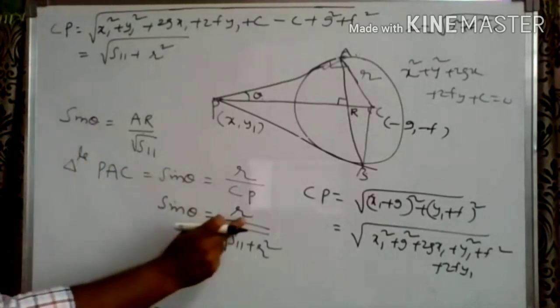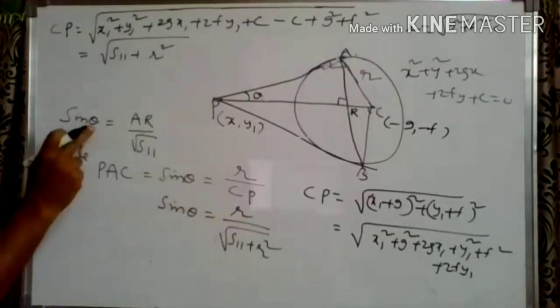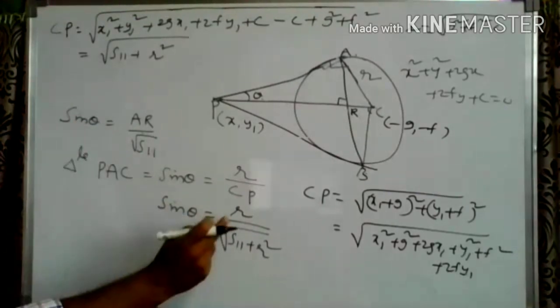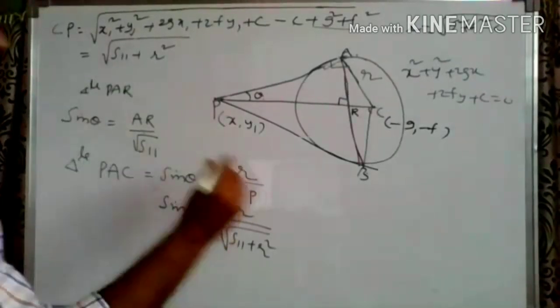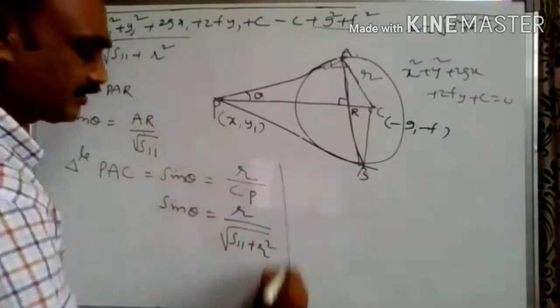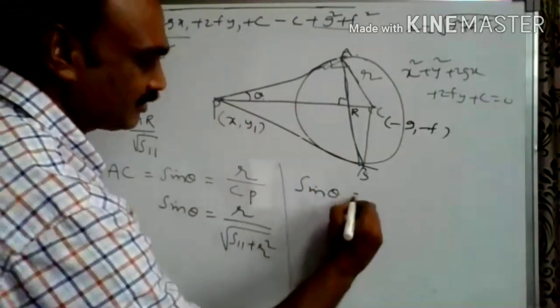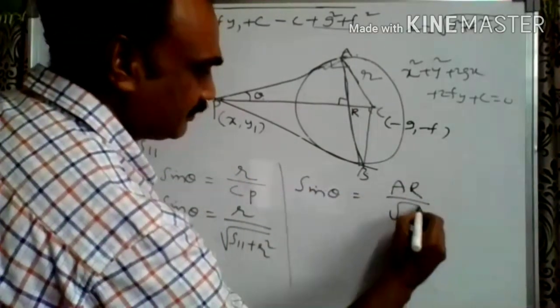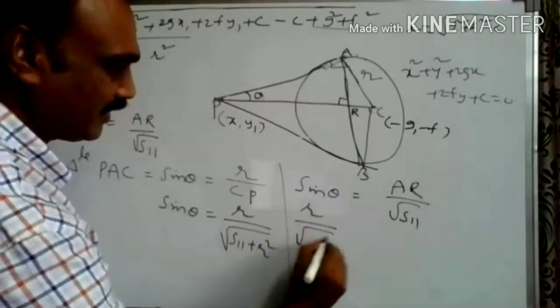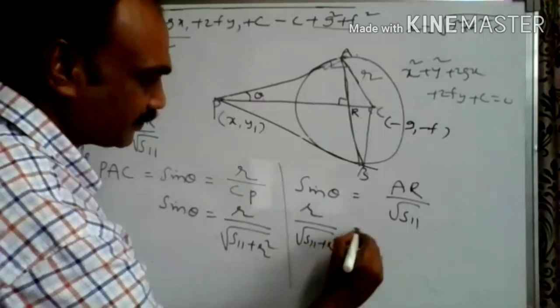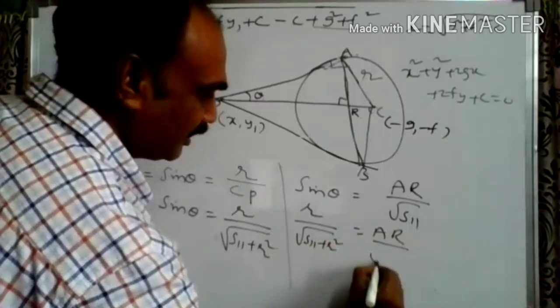Substitute in place of sin theta: R by root of S11 plus R square. Sin theta is equal to AR by root S11. So R by root of S11 plus R square is equal to AR by root S11.